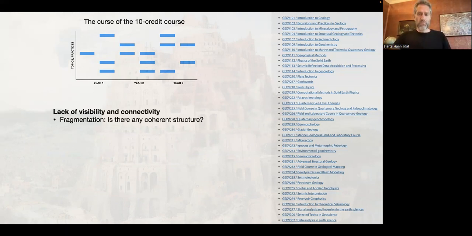So there's a fragmentation in our program, and that fragmentation comes in many flavors. The earth sciences are fragmented at our institution, it's fragmented within our department, and it's fragmented into these courses. So it's very difficult to see any coherent structure, even if it's there. And then what's in a name?